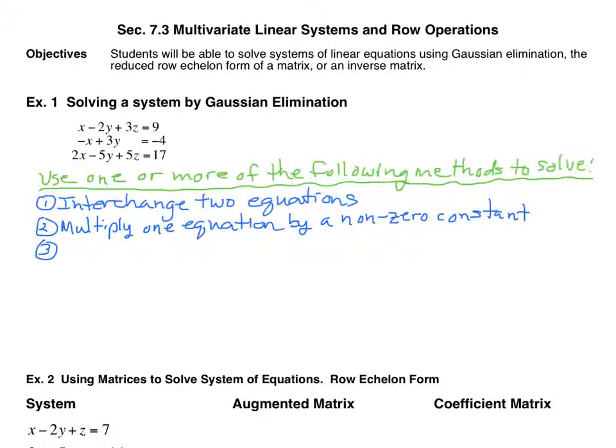Add a multiple of one equation to another equation.